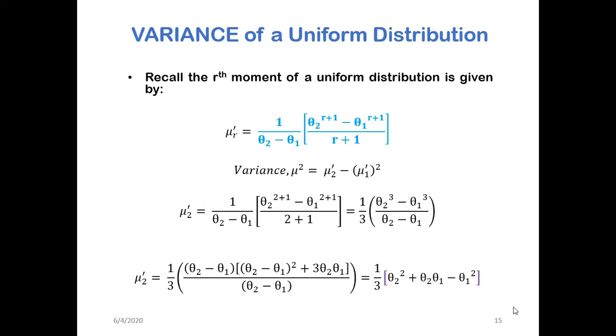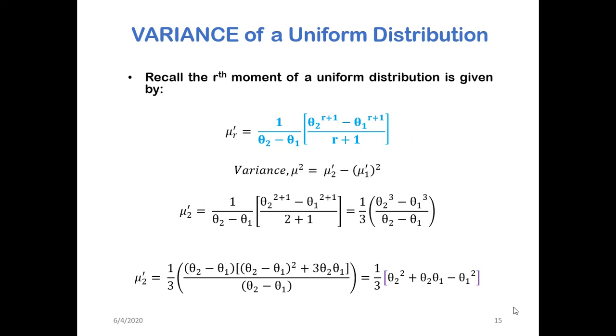You will have θ2 cubed minus θ1 cubed, divided by 3. If you simplify this, which is just mathematics, you end up having 1/3 of θ2 squared plus θ1θ2 plus θ1 squared. That is the second moment.